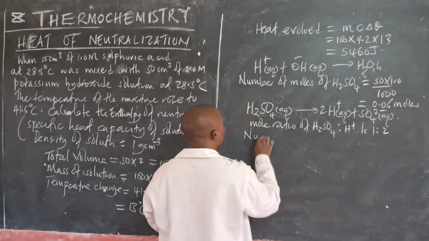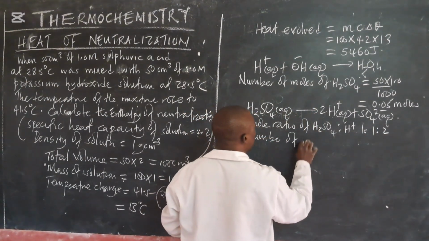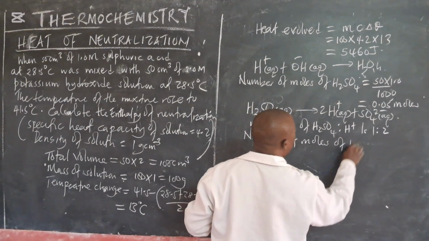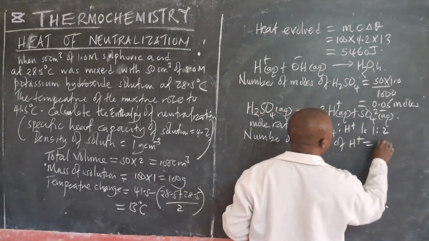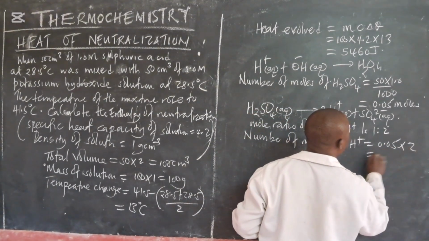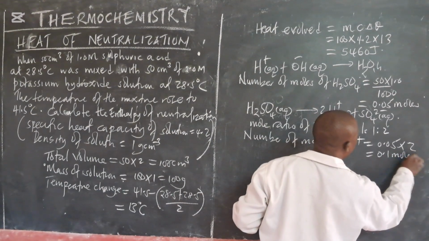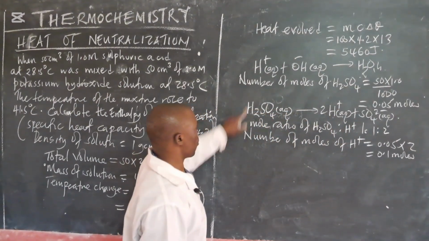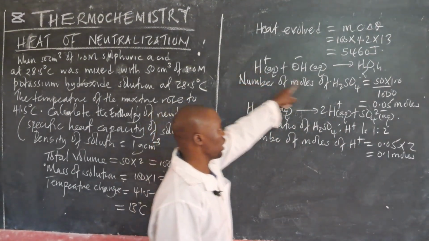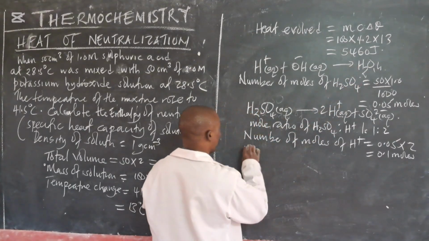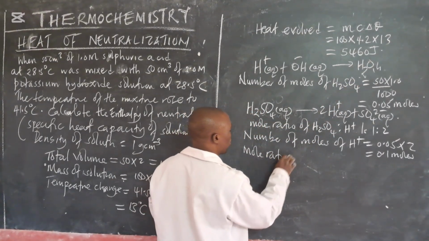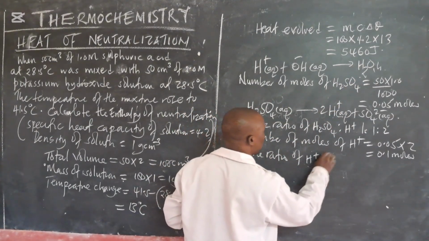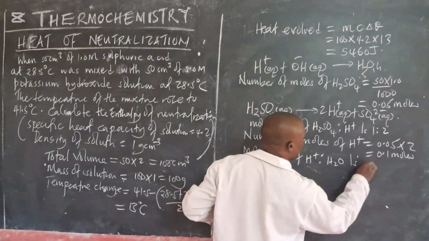So number of moles of hydrogen ions are actually going to be 0.05 times 2, giving us 0.1 moles there. So from the equation, mole ratio of hydrogen ions to water is 1 to 1. So we can also look at that. Mole ratio of hydrogen ions to water is 1 to 1.